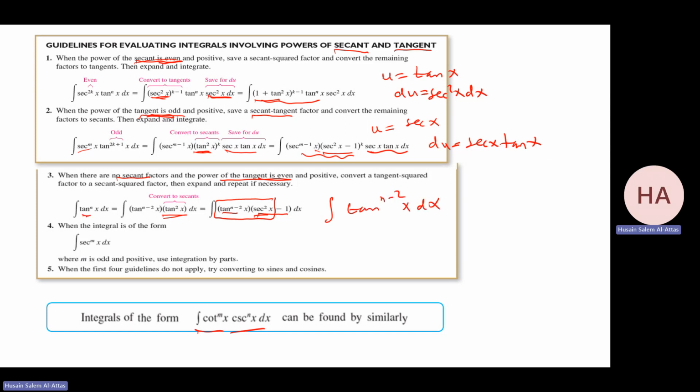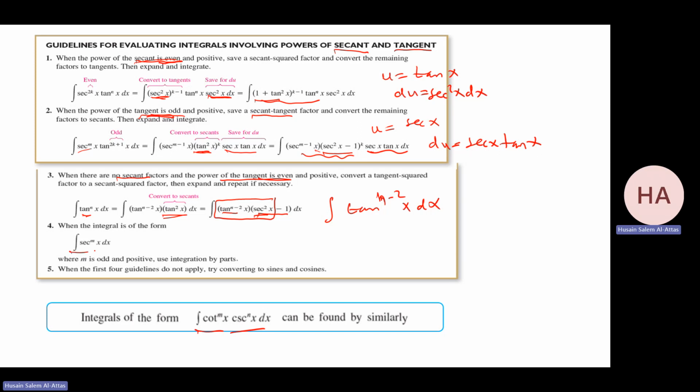I did it for tan to the power n. Now I decrease the degree by 2. I'll do the same idea again. That will be even also. Take tan square out and change it into secant square minus 1. Then I reduce the power to smaller power until I reach tan square, which I can easily make secant square minus 1.